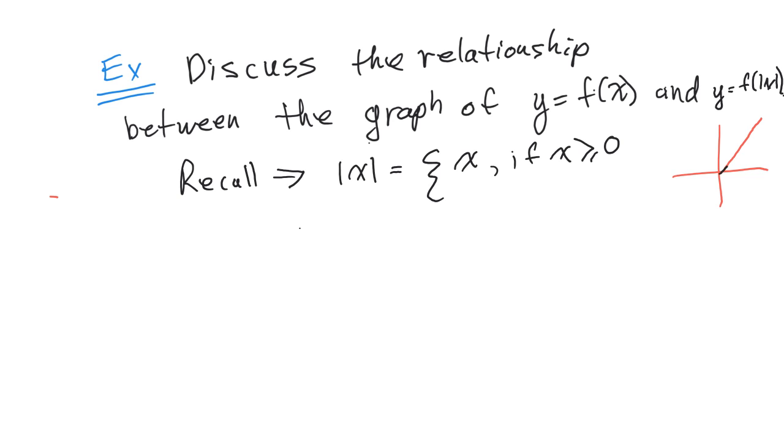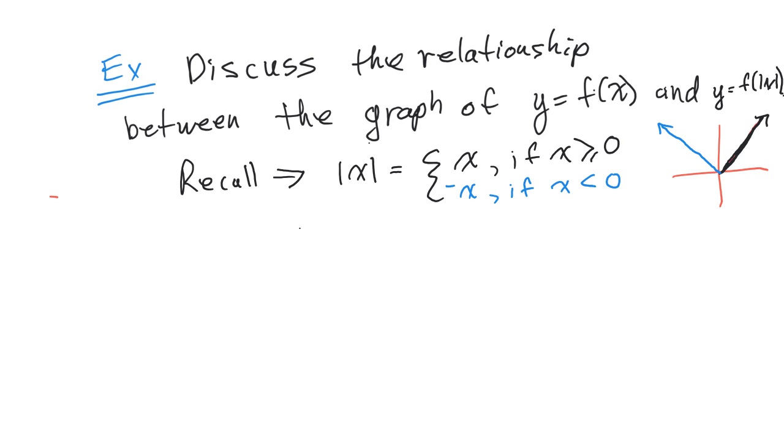So we have this portion of our graph. It looks normal. It just looks like x, for x greater than or equal to 0. And then it looks like negative x, and that's if x is less than 0. So essentially, we've got this half of our graph being represented, right?